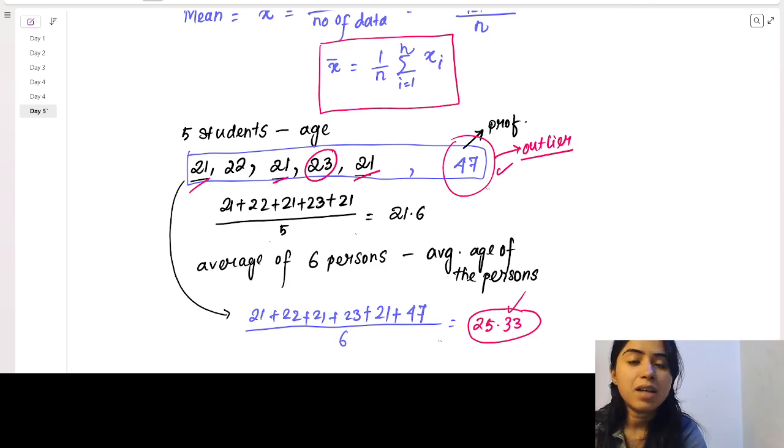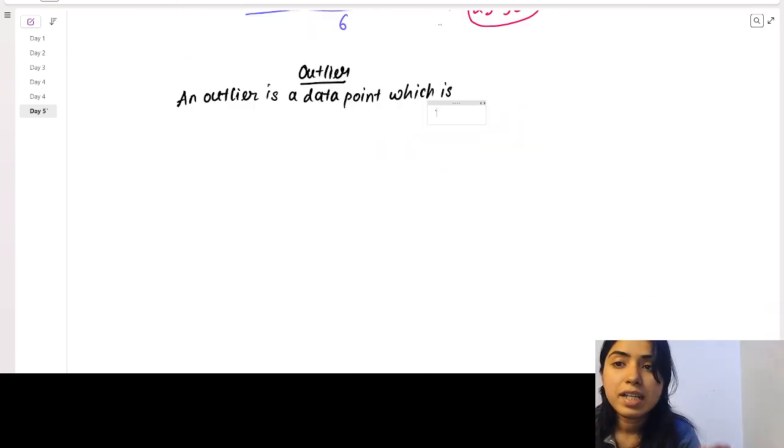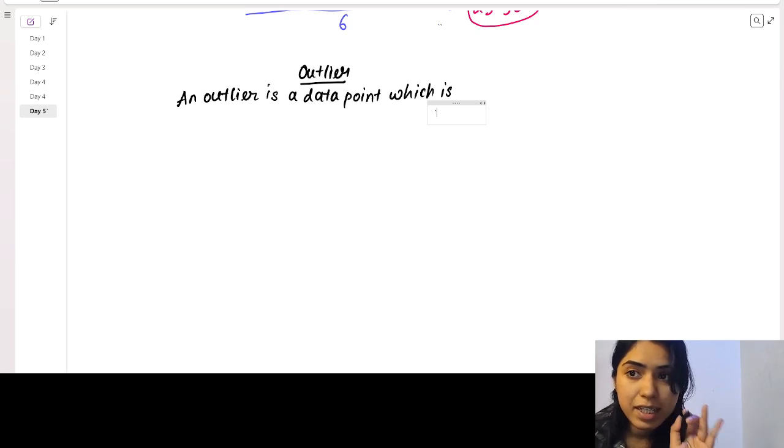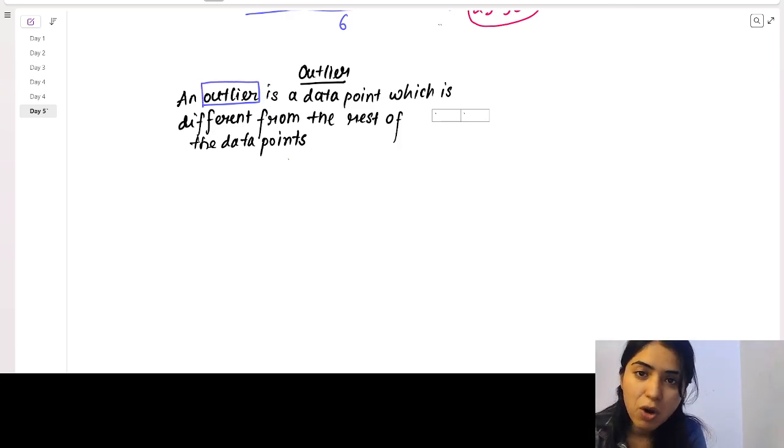So what is an outlier? Let me tell you. An outlier is a data point which is very different from the rest of the data points. It is a value which can be too high or too low compared to the data points.